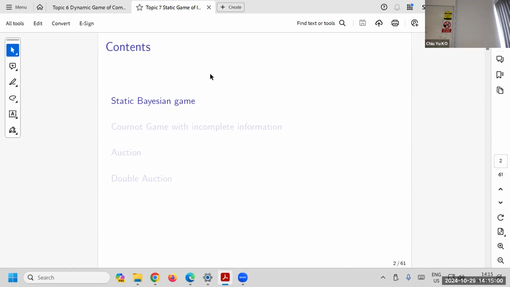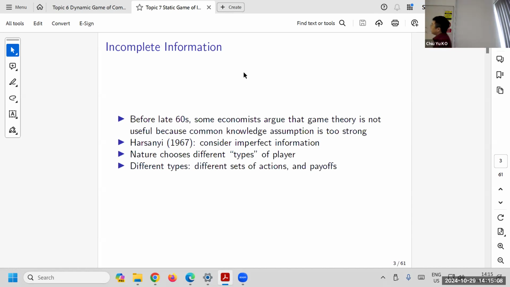If you don't know, then there's no way to do anything. So to solve this problem, we have to give some structure. That is Harsanyi's idea. Instead of incomplete information, we call it imperfect information. Just like the standard idea of probability, we cannot assign probability, but we can assume we know the state of the world.